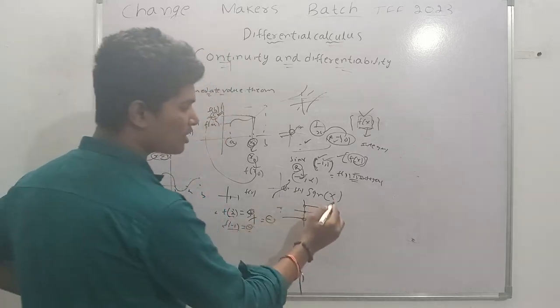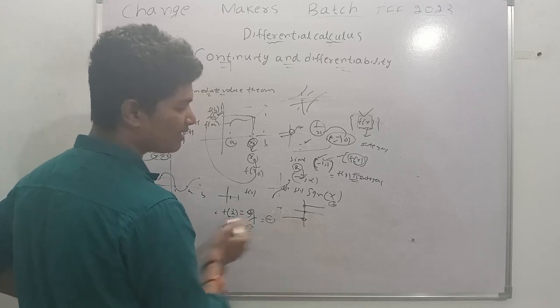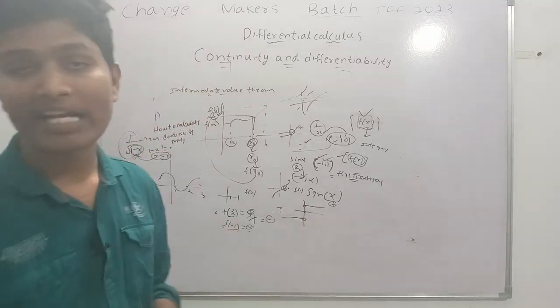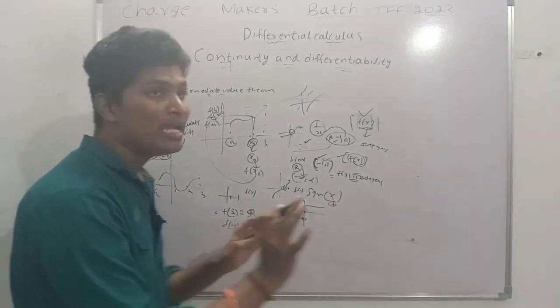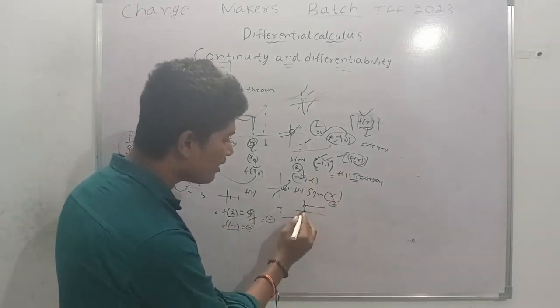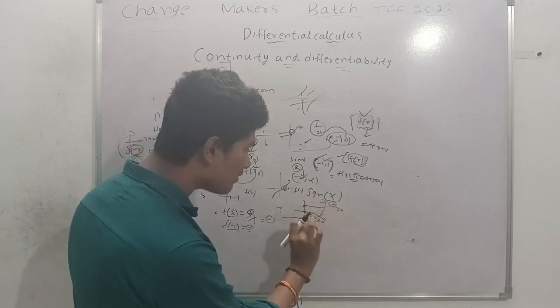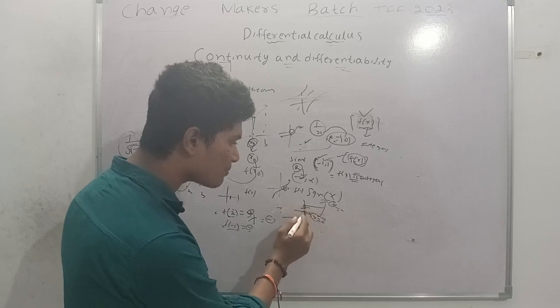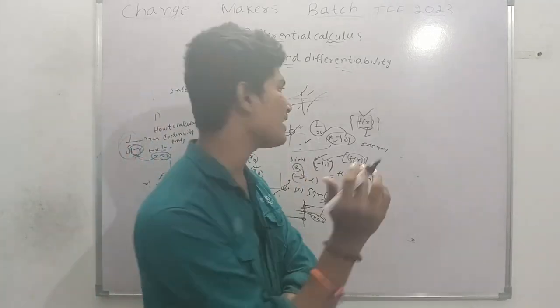See, for all positive values it is like this, and for all negative values the graph is like this. So the continuity of signum should be checked at the points where f of x is equal to 0. Here you can observe that only at x equal to 0 the signum is 0 and the graph is breaking.